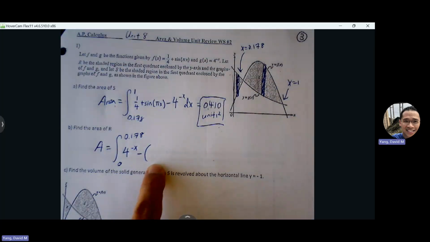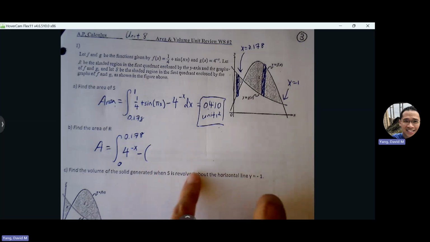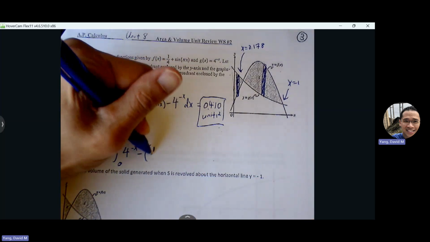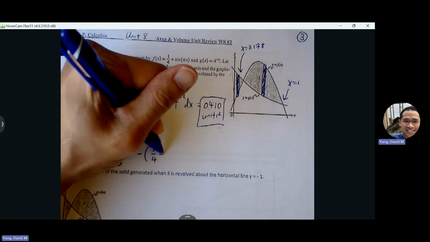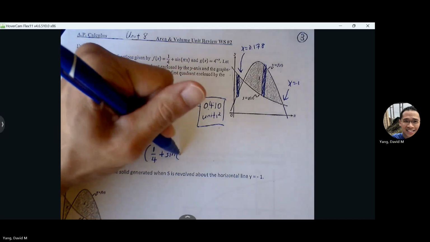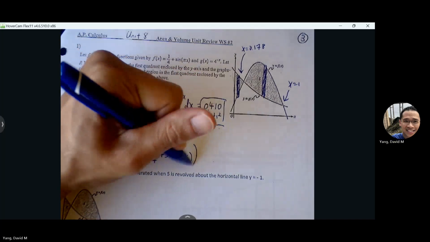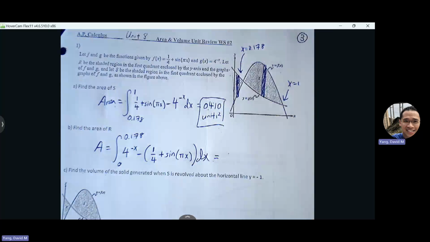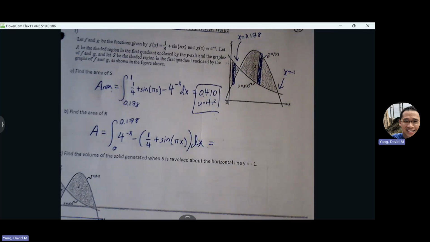Just make sure that you protect the bottom function with a set of parentheses since there's multiple terms there. You do want to make sure that the negative gets distributed through. And plug that into your calculator.